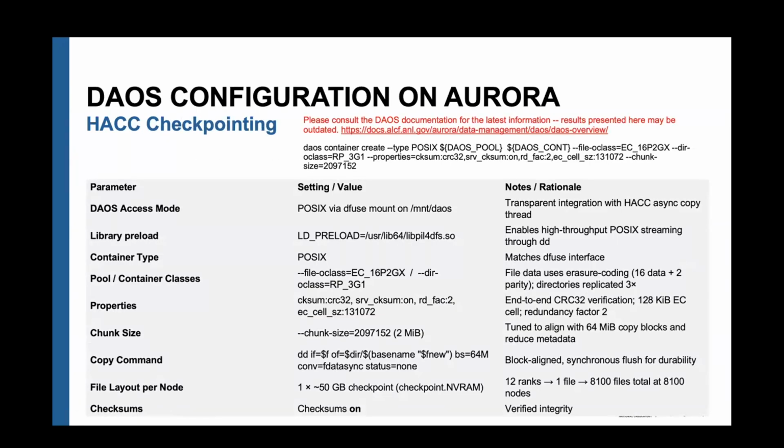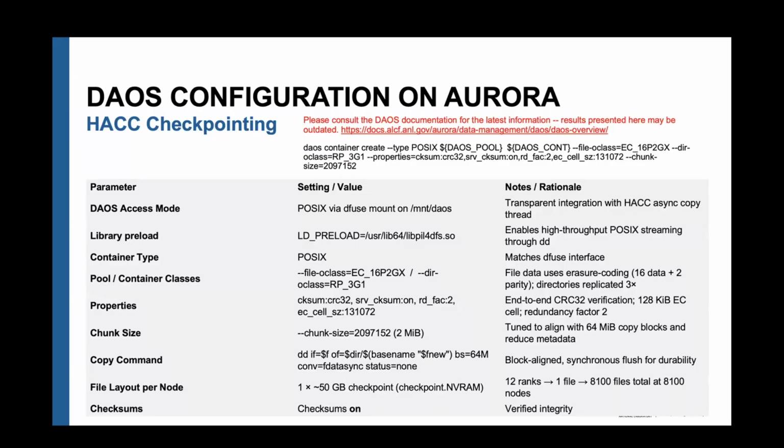And so the DAOS configuration that we're using on Aurora, like I said, is POSIX via the dfuse mount. The mount point that we use is also on the temp directory. When you mount the DAOS container, basically what you see is a directory local to each compute node.